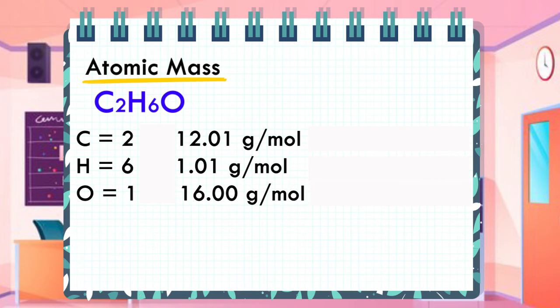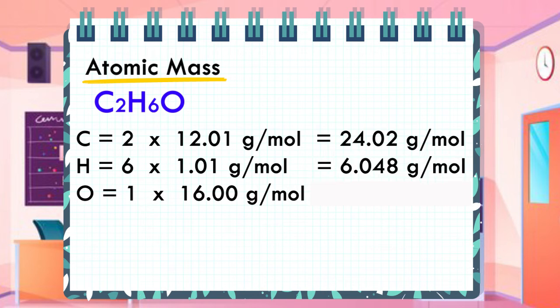Next, let's multiply the number of moles with its atomic mass. For carbon, 2 multiplied by 12.01 grams per mole is 24.02 grams per mole. For hydrogen, 6 multiplied by 1.01 gram per mole is 6.048 grams per mole.